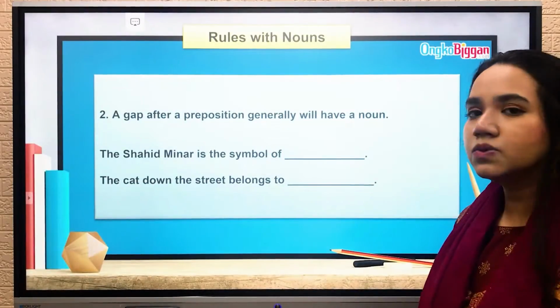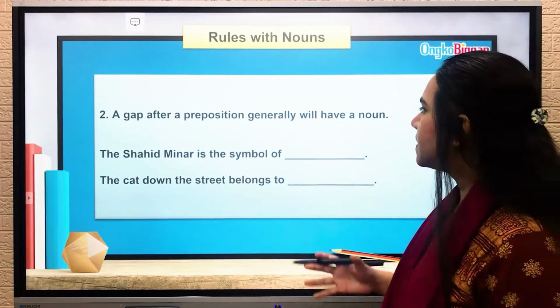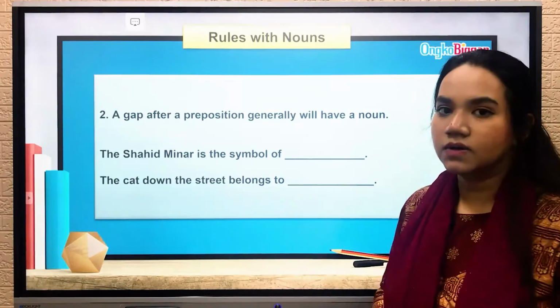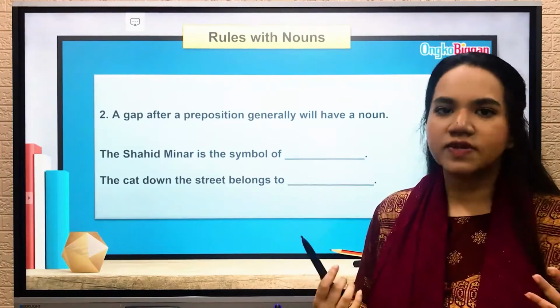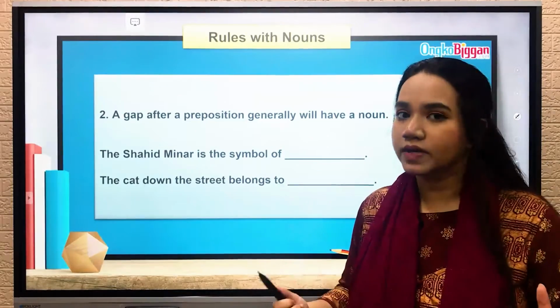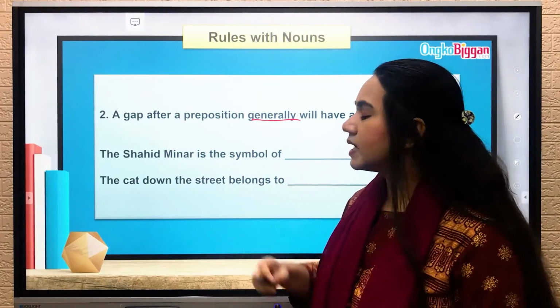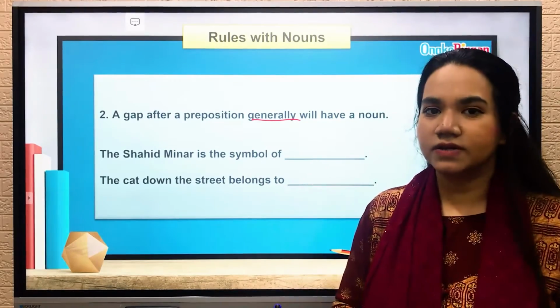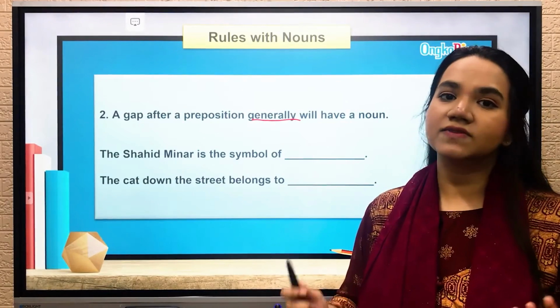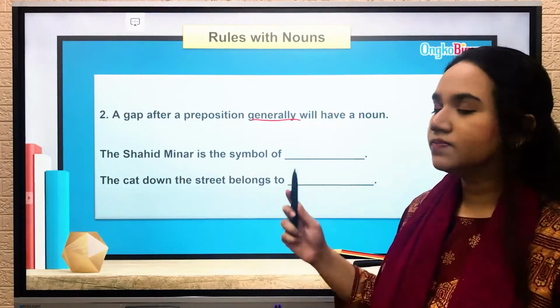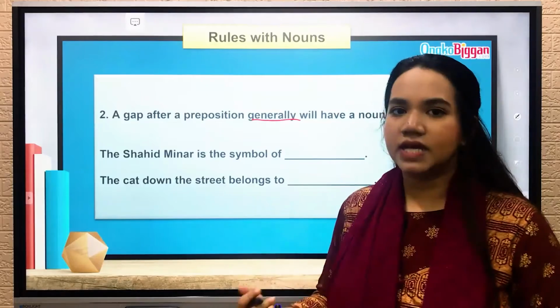Following, in rule number 2, we see a gap after a preposition generally will have a noun. So, right after a preposition, if there is a gap, then most of the time it has a noun, but not always. So, make sure that you look into the word generally very carefully, right? Most of the time, whenever there is a preposition, right after it, if there is a gap, then there will be a noun. The Shahid Minar is the symbol of dash.